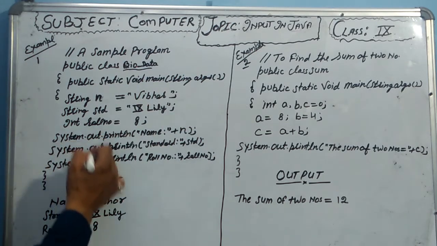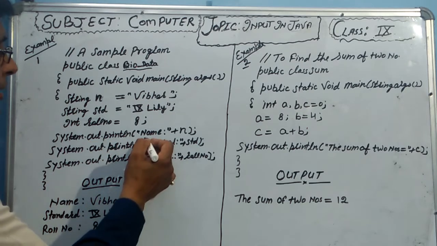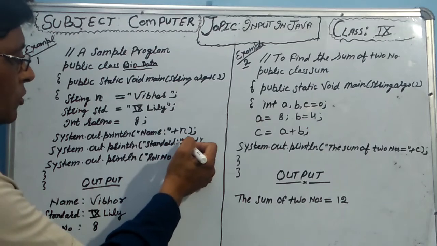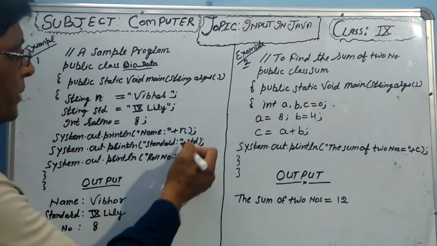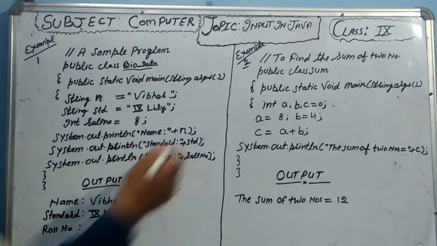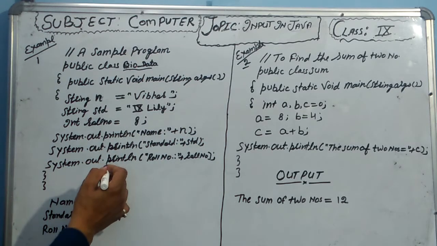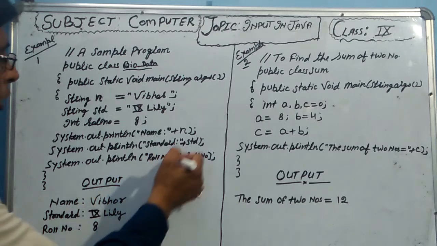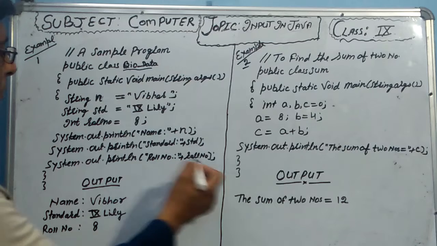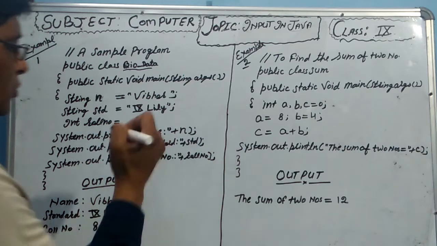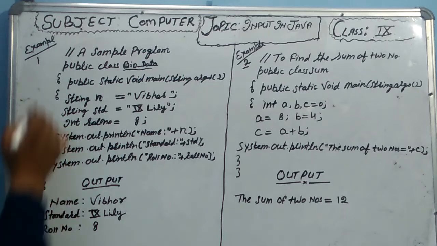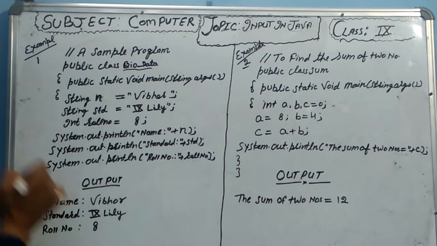And the same System.out.println and in double quotes standard colon, double quotes close, and the value of the standard is std, so plus std and then semicolon. Then System.out.println, roll number in double quotes, close, plus, and the value of the roll number is given, and then you will close. The second bracket will be closed first and the first bracket last.